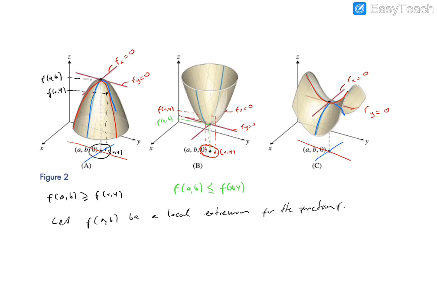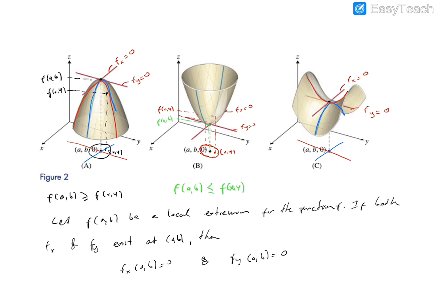For the saddle point, it's also valid, okay? And if both partial derivatives of f exist at the point (a, b), then the partial derivatives are 0 at the point (a, b).